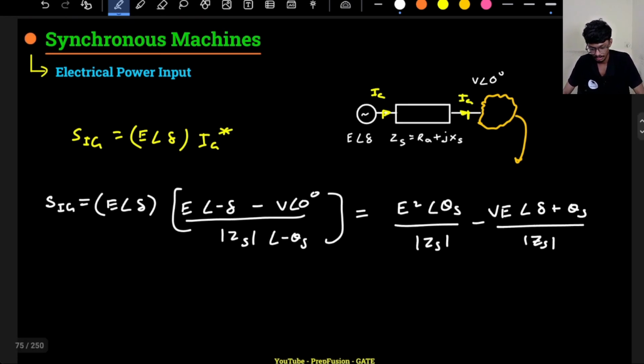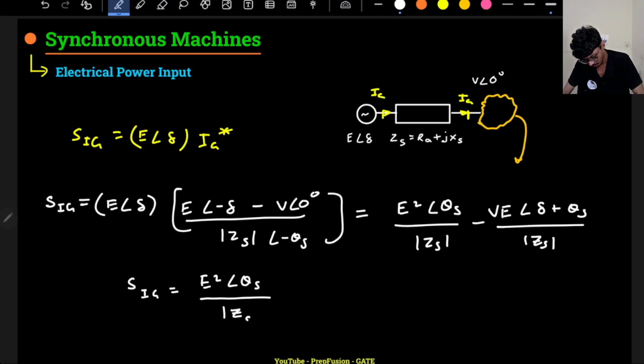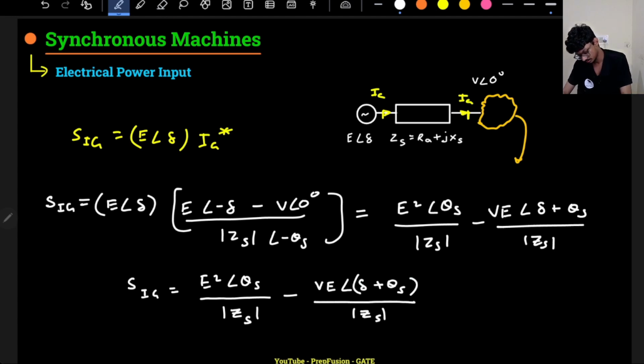So from here I can write this in a better manner. So what is the input power? Input power to the generator Sig will be E square into angle theta s divided by magnitude of Zs, minus V E angle delta plus theta s divided by magnitude of Zs.